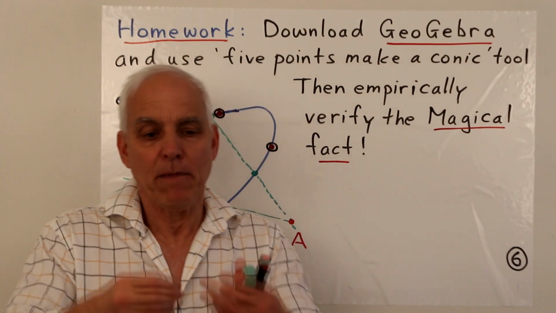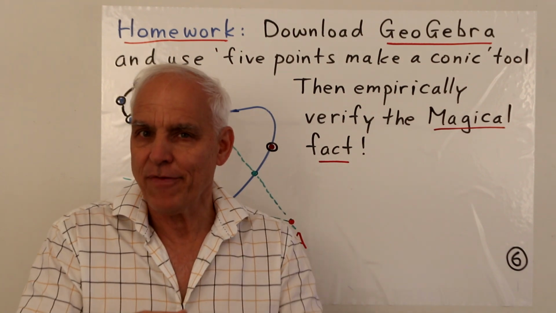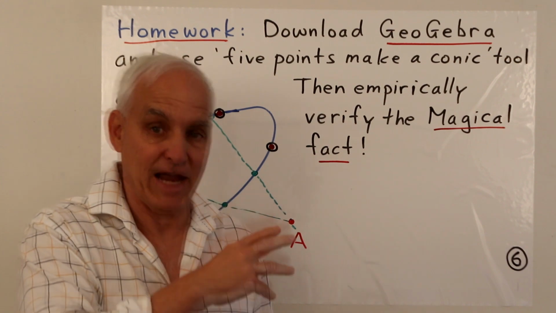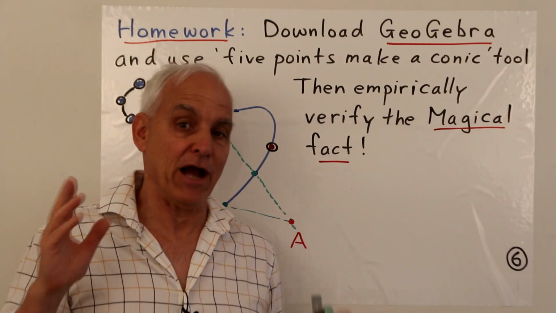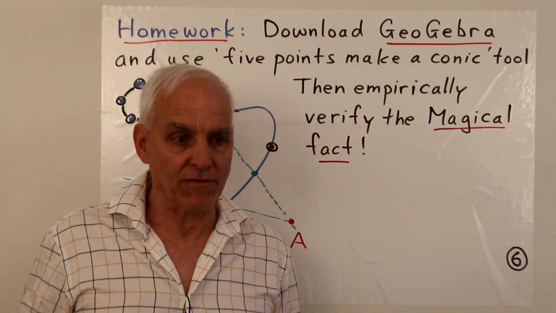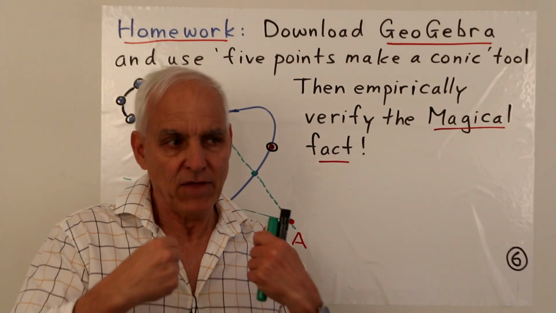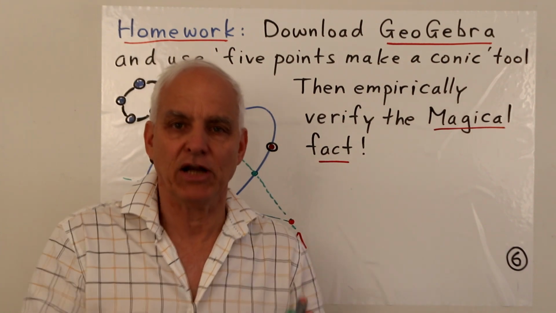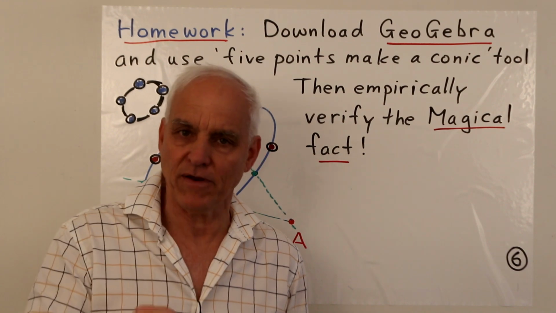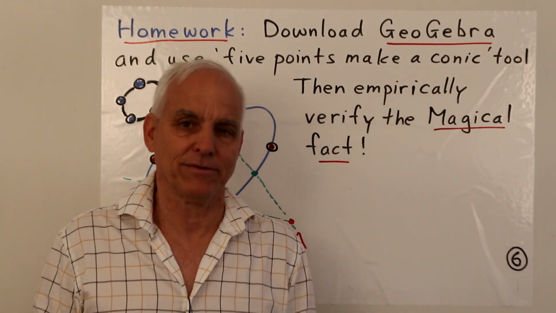We can still make calculations or constructions that reinforce our faith in the statement, even if we may not have an ironclad proof of it. Okay, so that's something very positive that I want you to think about, of being able to feel that something is true because you've checked it out in lots of different special cases. Okay, so you have some confidence. Maybe you don't have 100% confidence, but that's all right.